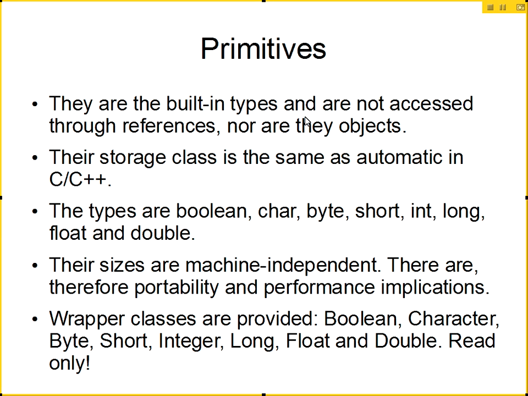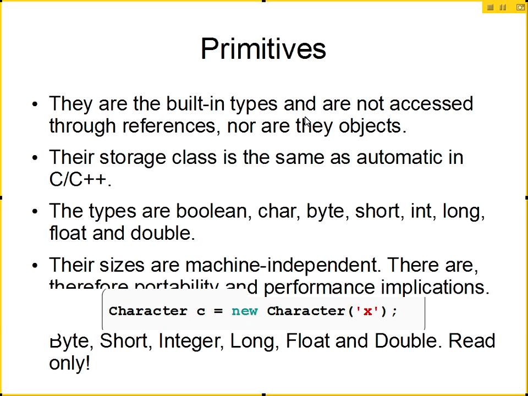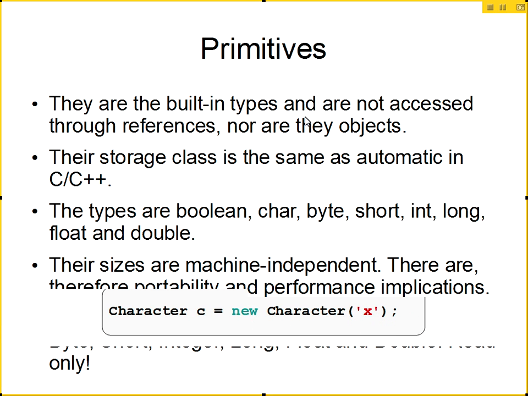If you want to, you actually have to create brand new objects of those wrappers, a brand new Integer object if you wanted to do math with it. You have to instantiate a new object, and you could reassign it to the object reference.